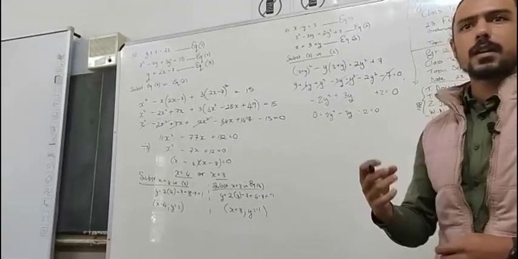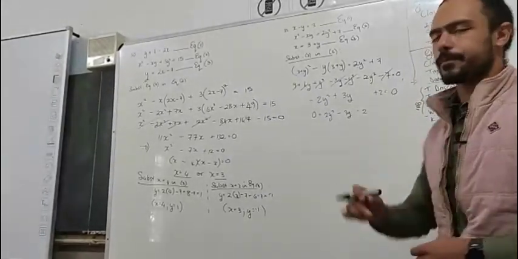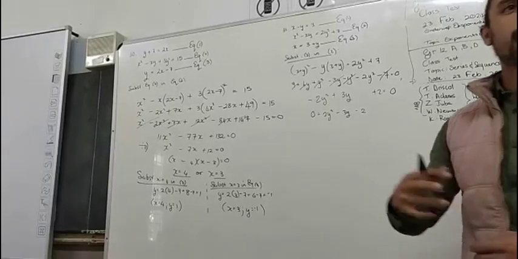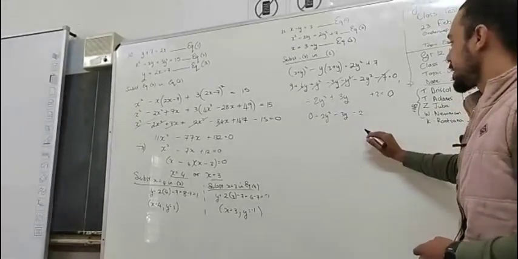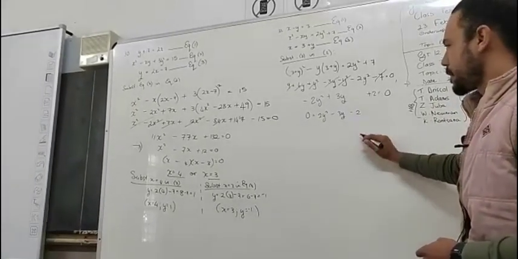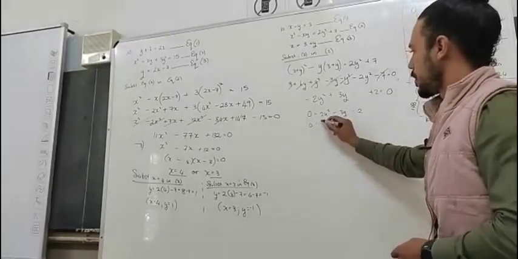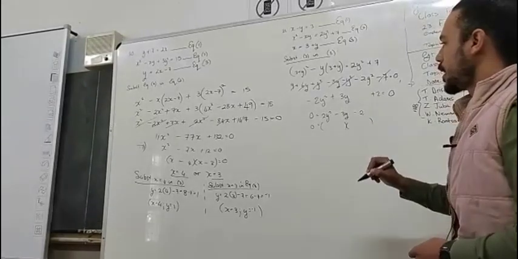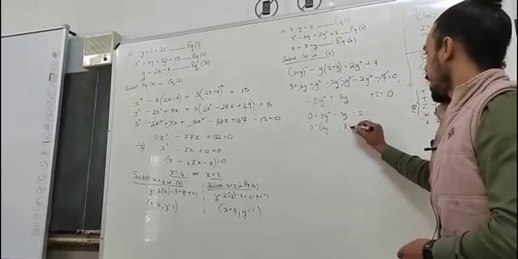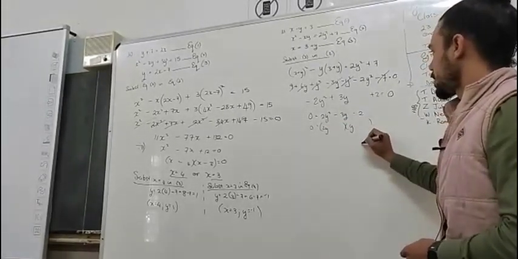Alright, you can go and use the quadratic formula, but you can see here that it's actually simple, no? So 2y squared, that's going to be 2y and y, and then the factors of 2.